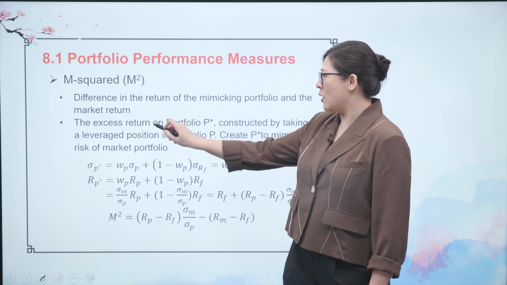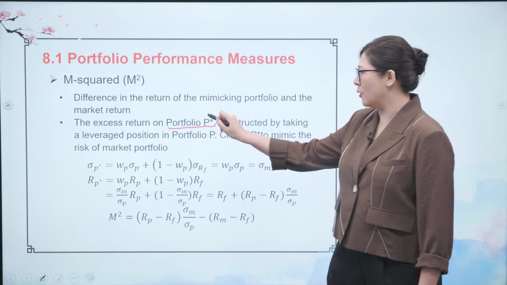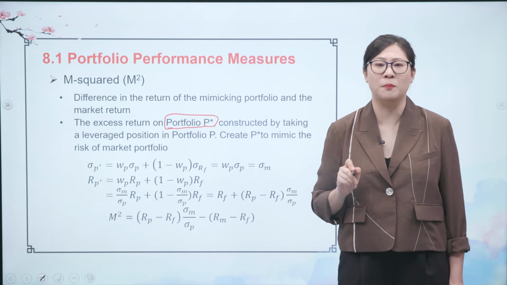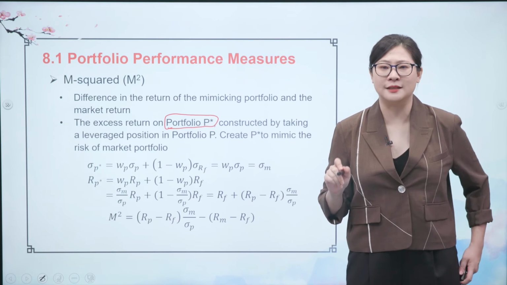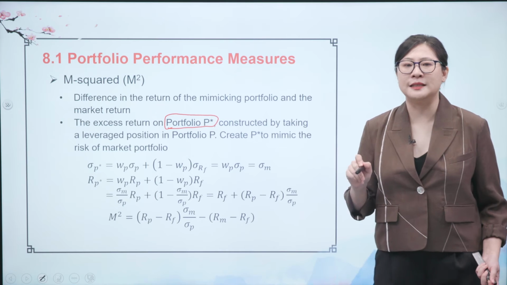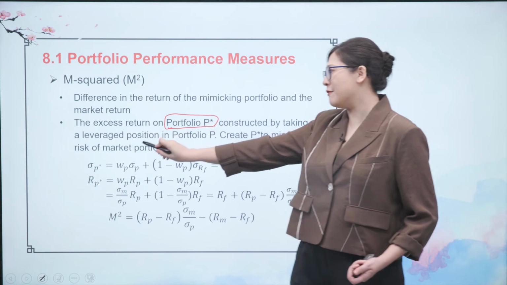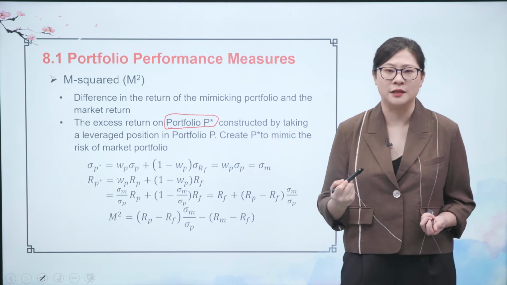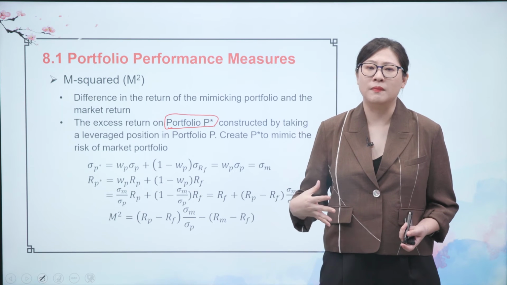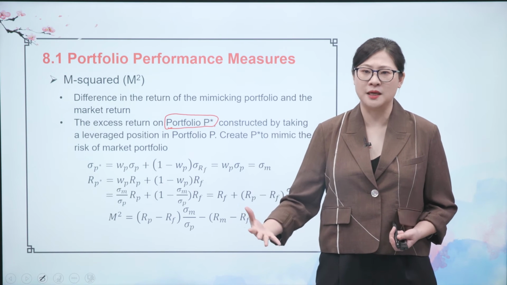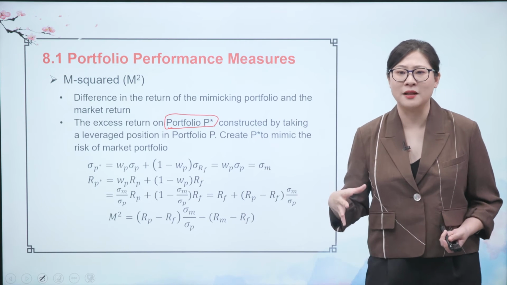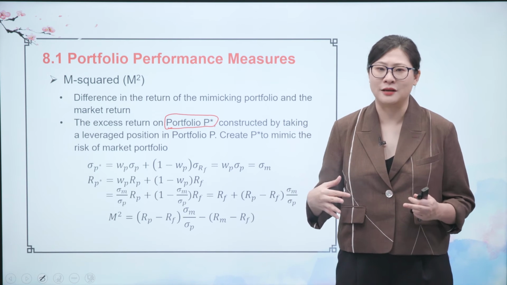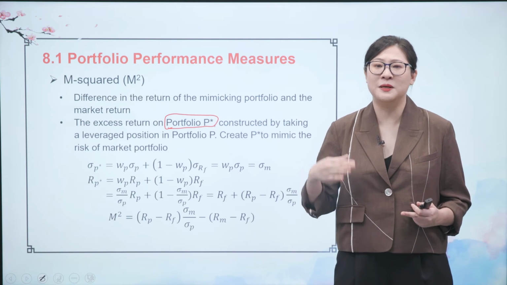Here we will construct a new portfolio, which we use P star to denote. This portfolio is constructed based on taking a leverage position in portfolio P and the risk-free rate. So we invest some money in the portfolio P and the rest of the money in the risk-free assets, and then we construct our new portfolio P star.